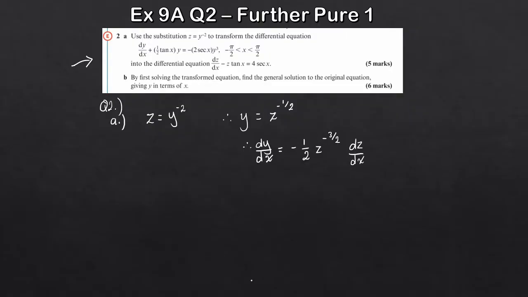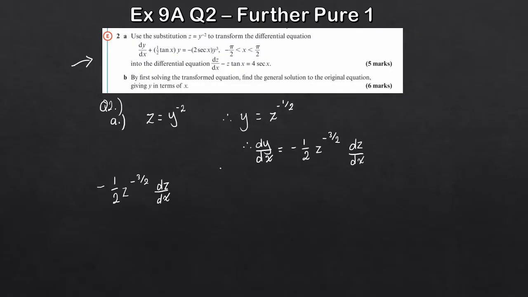Now that we've got that, all we can do is substitute into what we'd call equation 1. So dy by dx, we've got that here. So we just write everything out in full and then we'll start simplifying. That's minus a half z to the minus 3 over 2 dz by dx. We have a half tan x times y.